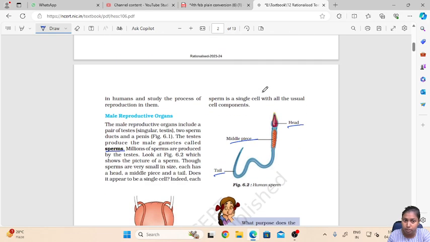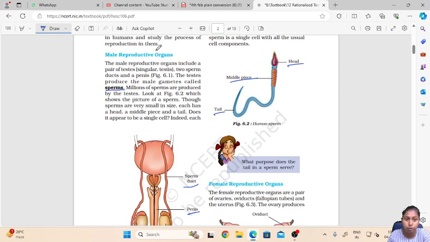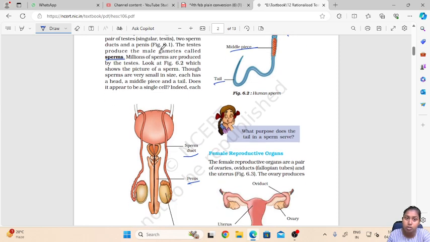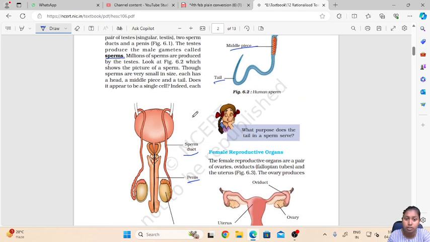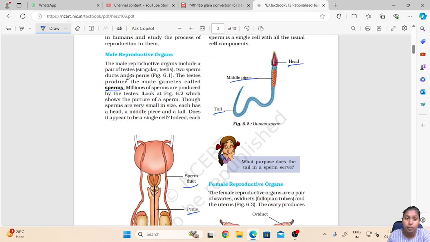We have also seen the male and female reproductive organs of humans. The male reproductive organs include a pair of testes, a penis, and a sperm duct. Testes is the place where sperms are produced, and sperms are the male gametes.